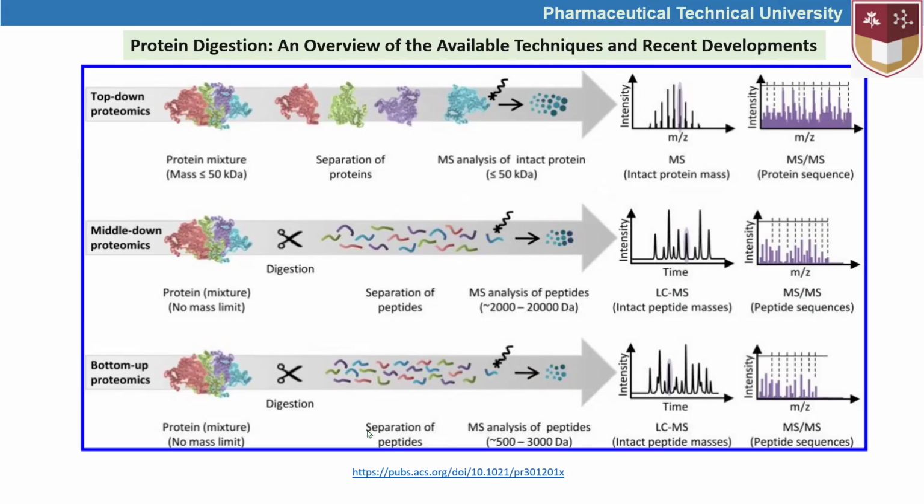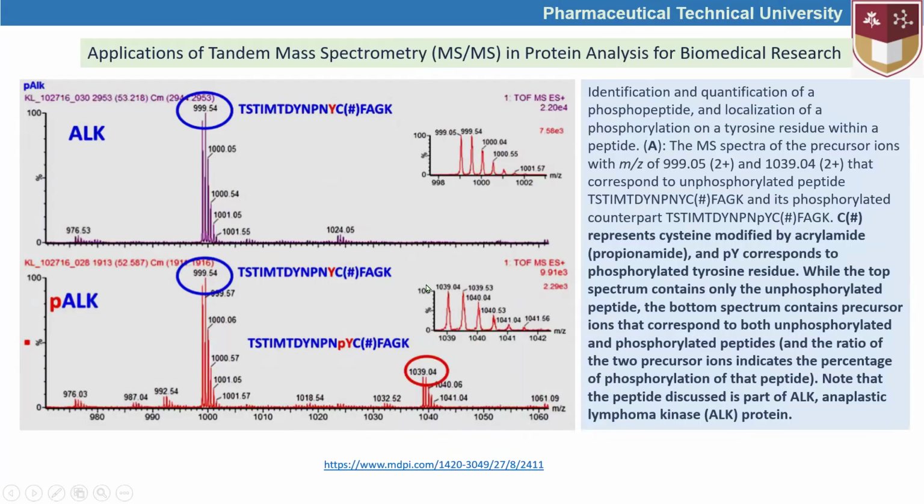And in bottom-up proteomics, similar approaches as in middle-down proteomics are used, but the molecular masses of the peptides can be between 500 to 3,000 daltons. So by this 2,000 to 20,000 and 500 to 3,000 dalton range, middle-down proteomics and bottom-up proteomics differ from each other.